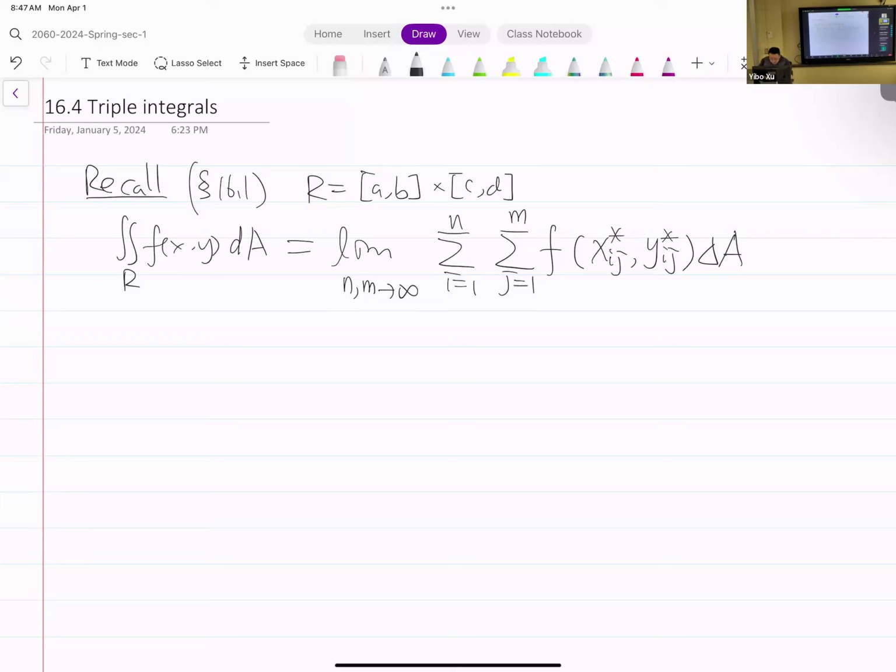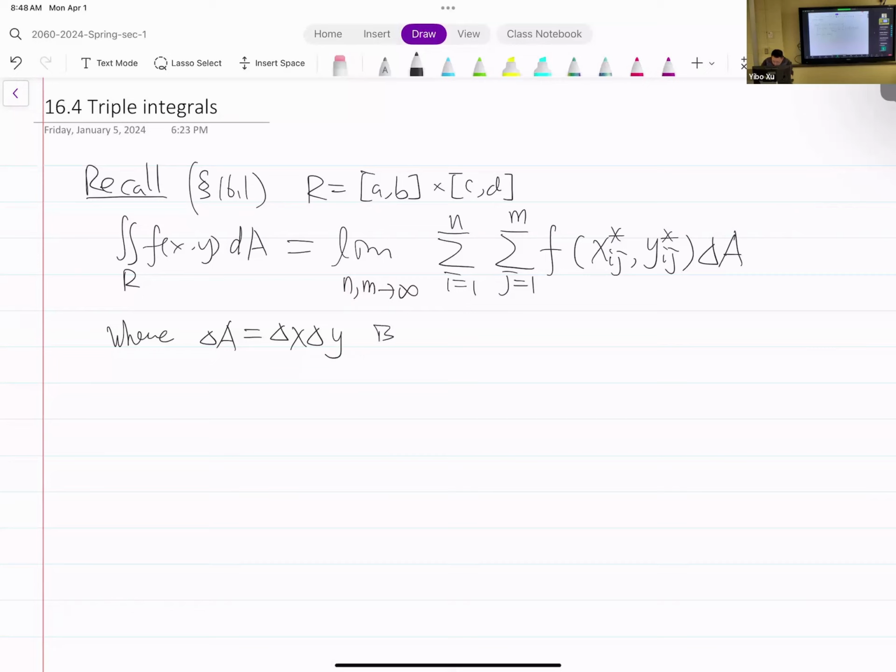So as long as your function f is continuous, then your limit exists. So we just need to specify that delta A, the way that you subdivide, represents the area of the subdivision, which is delta x times delta y.